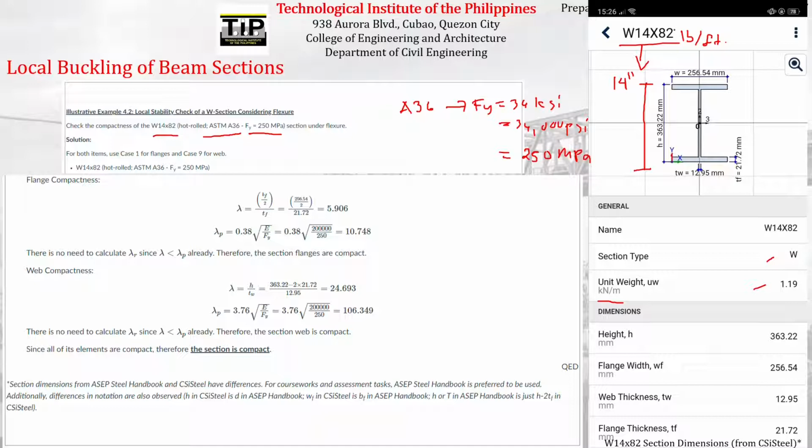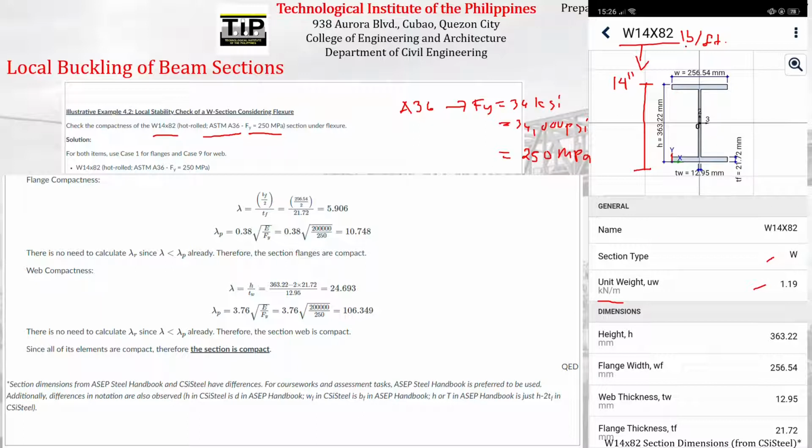Okay, and then the next number here is the weight per length. So in this case, it is usually in terms of pound per feet. Although you can verify this on the code on the AISC steel construction manual as well as on the ASEP handbook, because usually the units or the dimensions here are usually given on the header of every column on the table. Okay, so you can verify that.